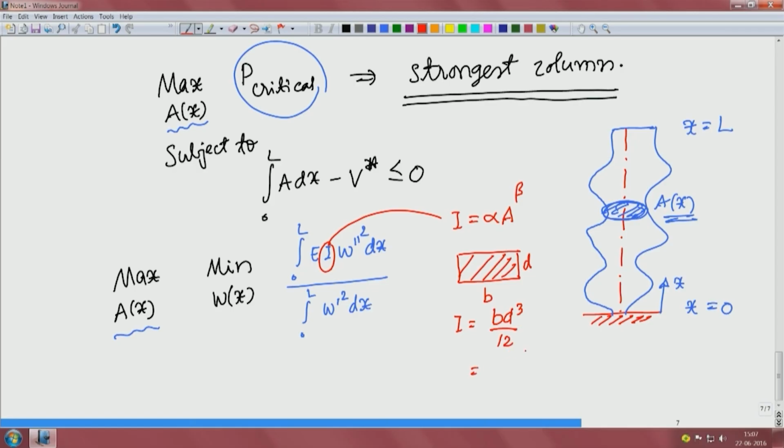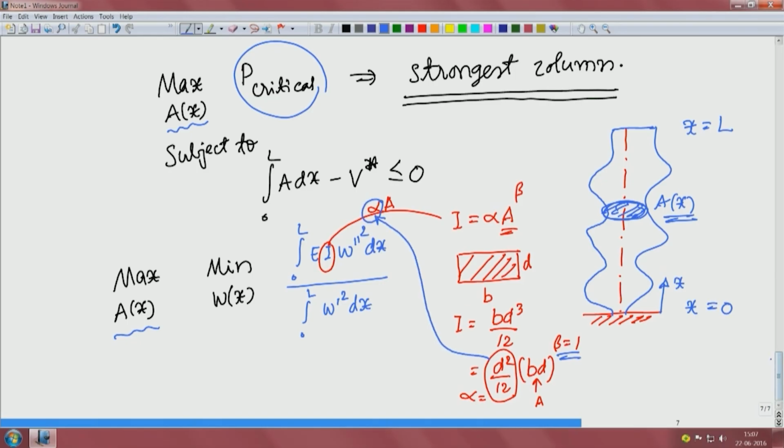Since B D is the area, I will take D square out and call B D the area. So, my beta here is equal to 1, and alpha is D square by 12, if I assume the depth of the beam is fixed. We will replace I in this case with alpha into A.